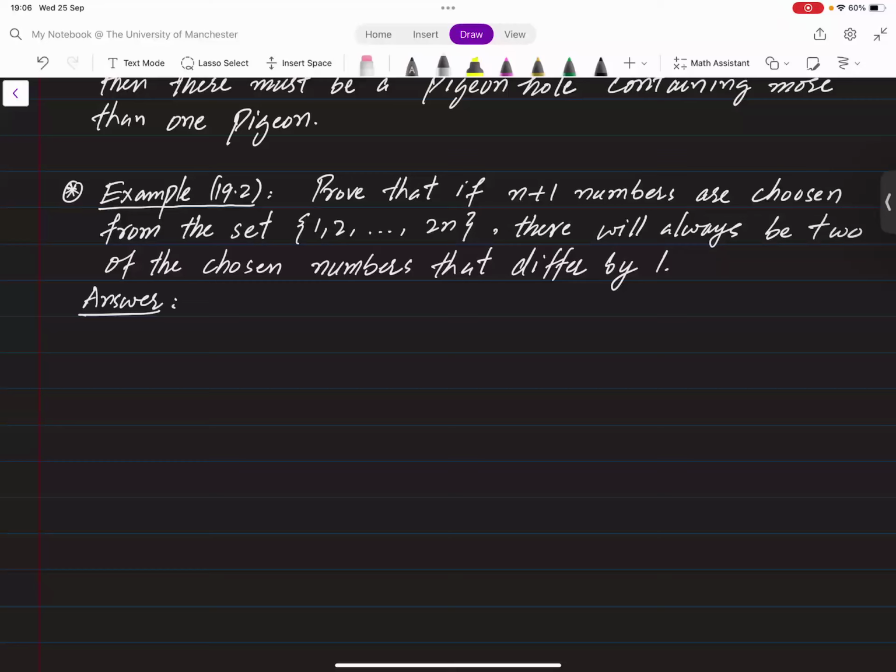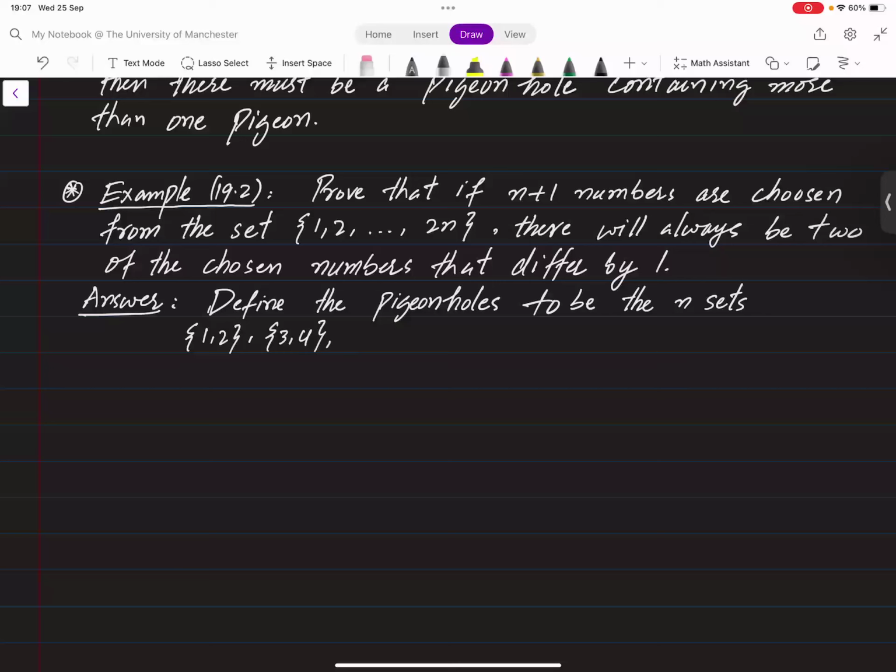So this becomes very easy when we use the pigeonhole principle. So let's define the pigeonholes to be the n sets: {1, 2}, {3, 4}, all those which differ by 1, up to {2n minus 1, 2n}.